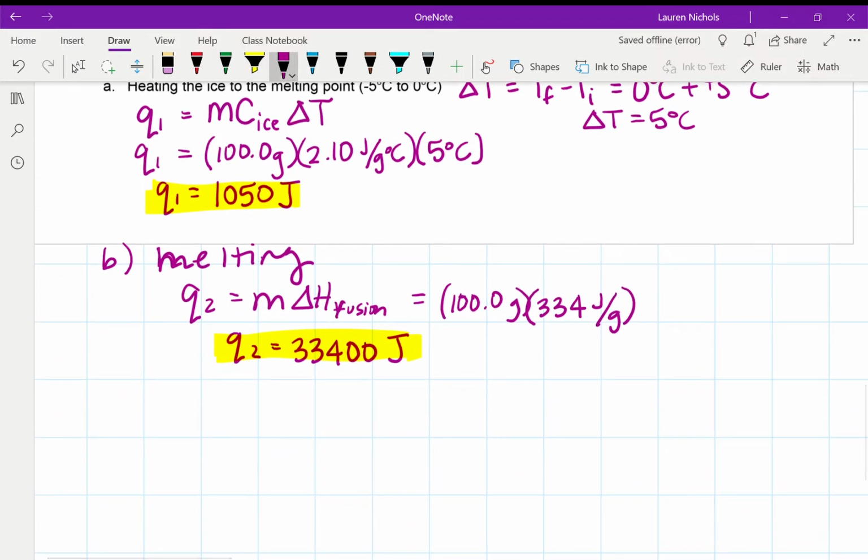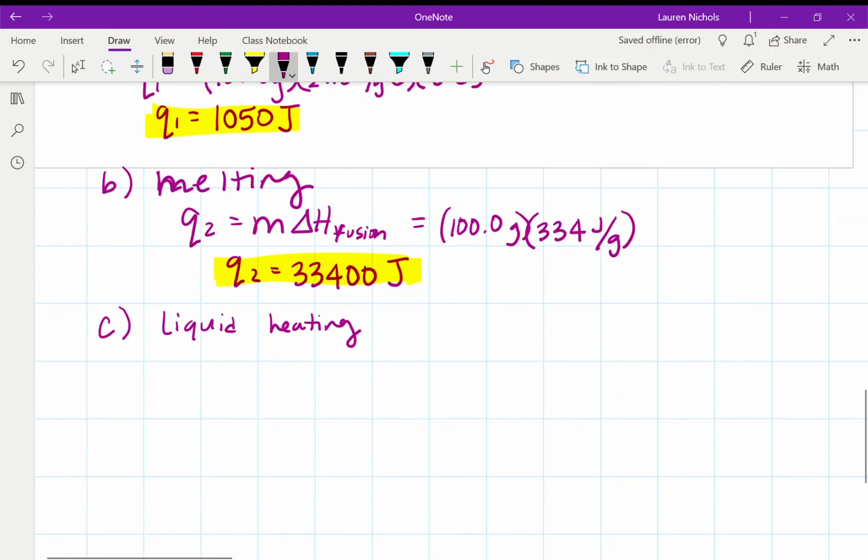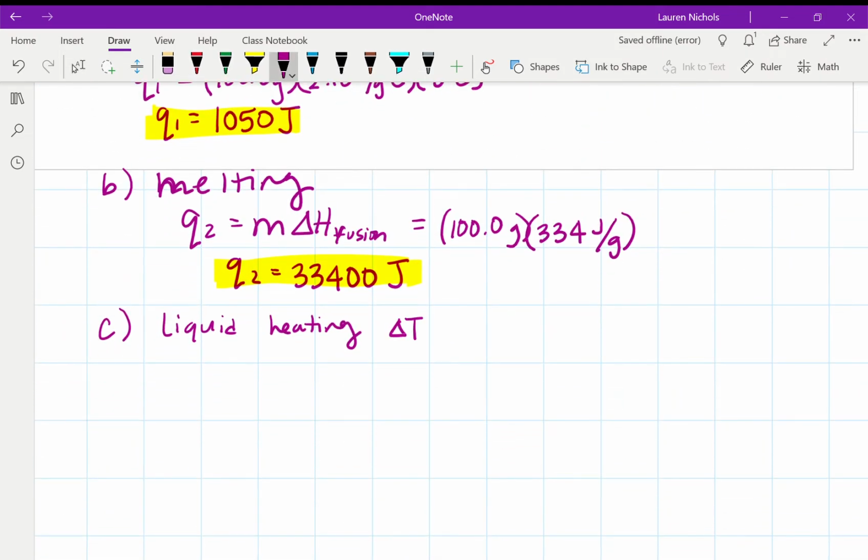And then we have segment 3, which is when our liquid is heating up. We can look at our graph to see our temperature change. That segment starts at 0 degrees Celsius and ends at 100 degrees Celsius. So our delta T is 100 degrees Celsius because it increases by that much.